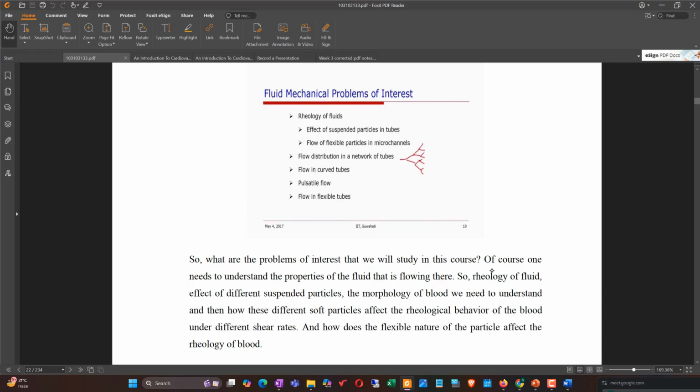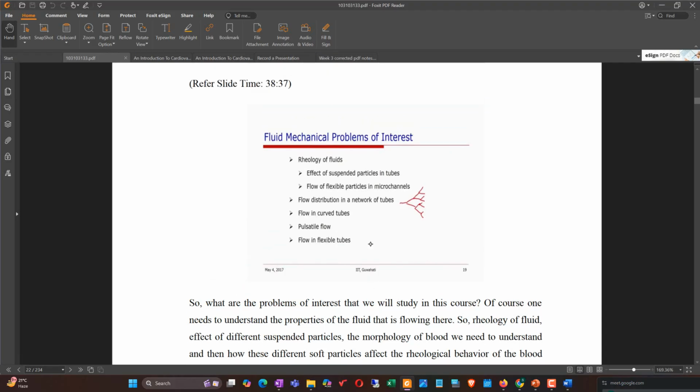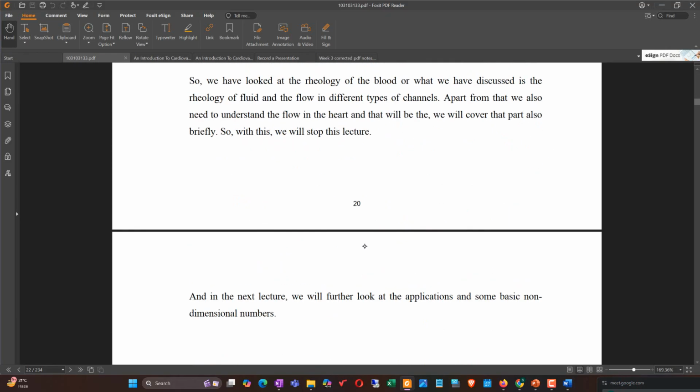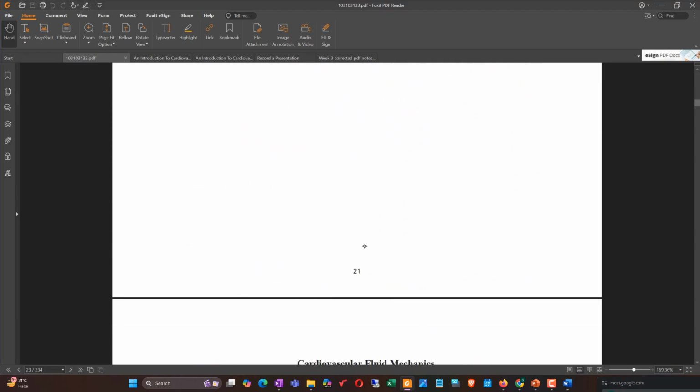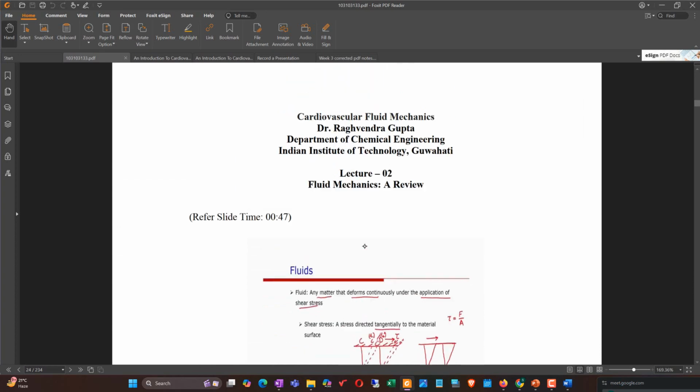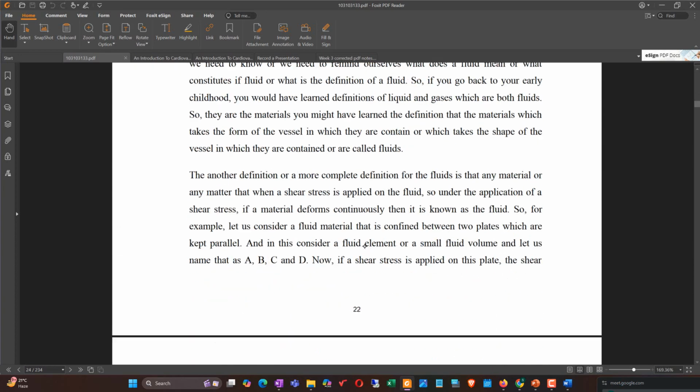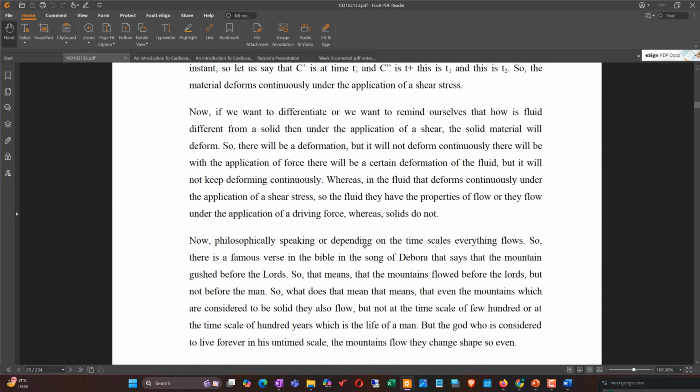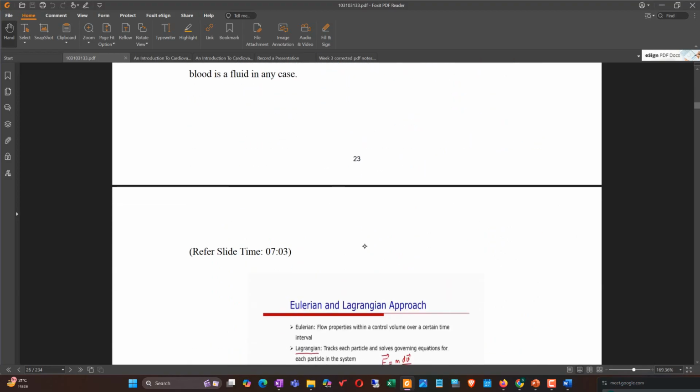Let me just fix it up. So these deformations, everything.